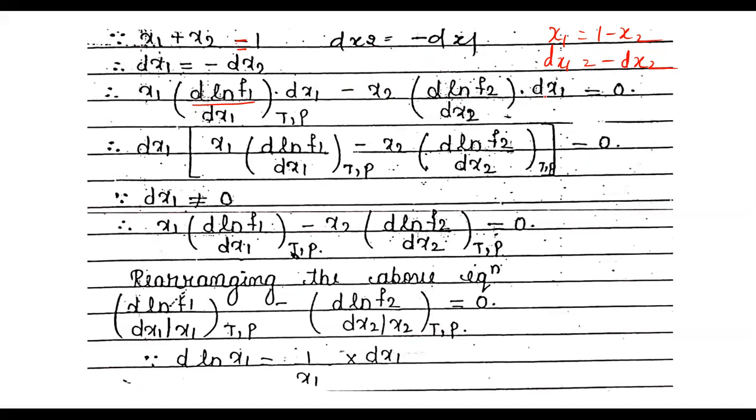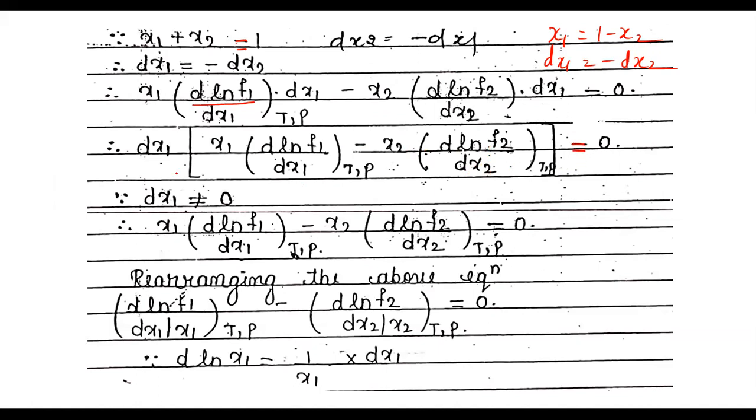We just substitute the values here. Now both the terms have dx1, so taking dx1 as common, we can write x1 into derivative of ln f1 upon dx1 at constant temperature and pressure minus x2 into derivative of ln f2 upon dx2, it is equal to 0.